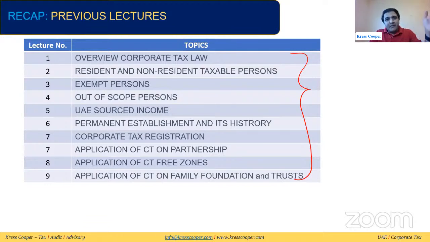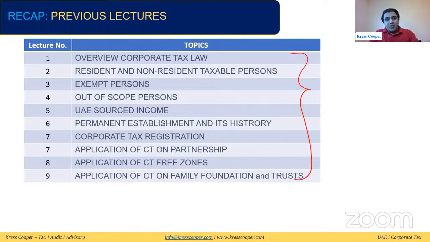To some extent, we have discussed the related income as well, which income can be subject to tax and which cannot. Overall, we have discussed the scope of corporate tax, the radar of what comes under its ambit.